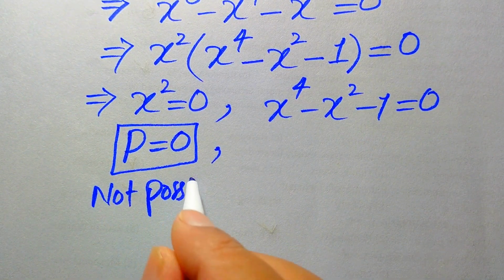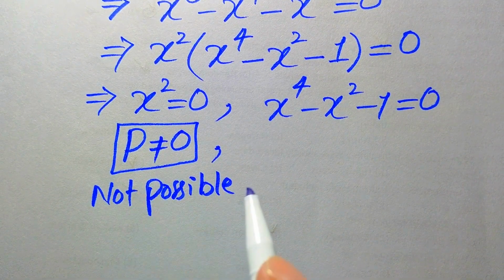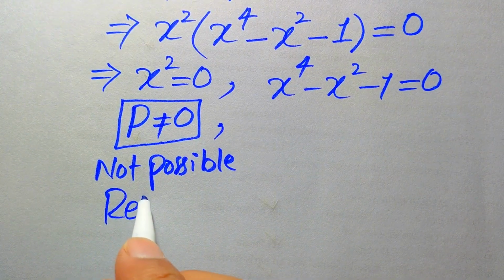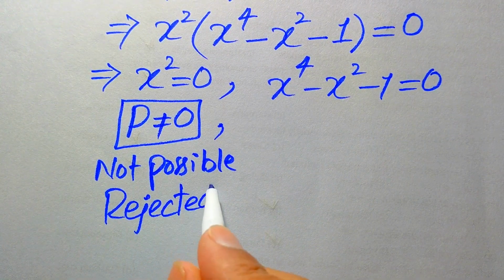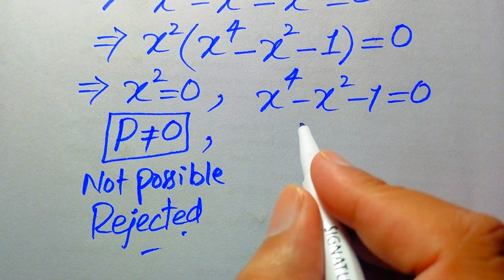It is not possible that any side length of the triangle is 0, because the perpendicular is non-zero, so we reject this case.